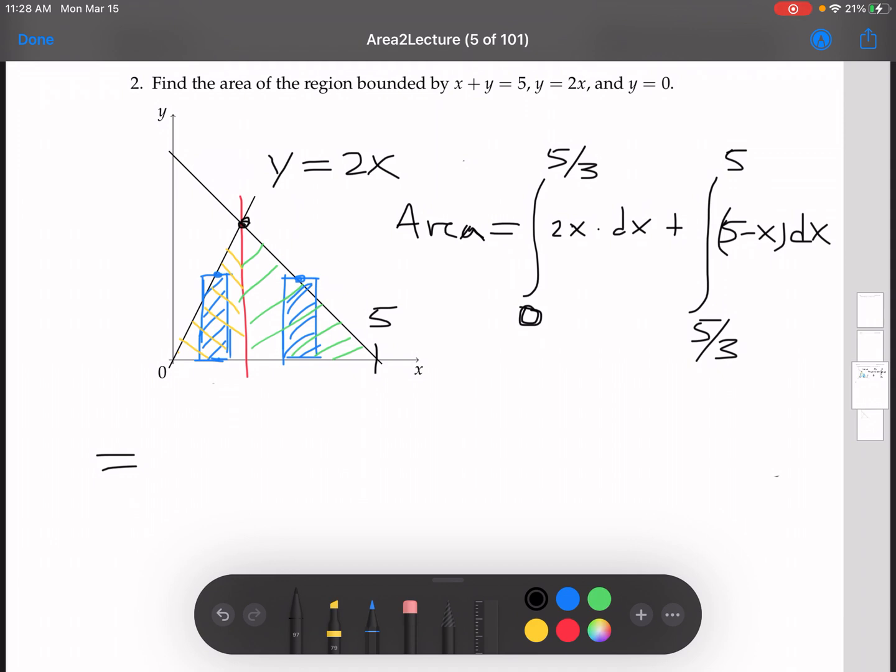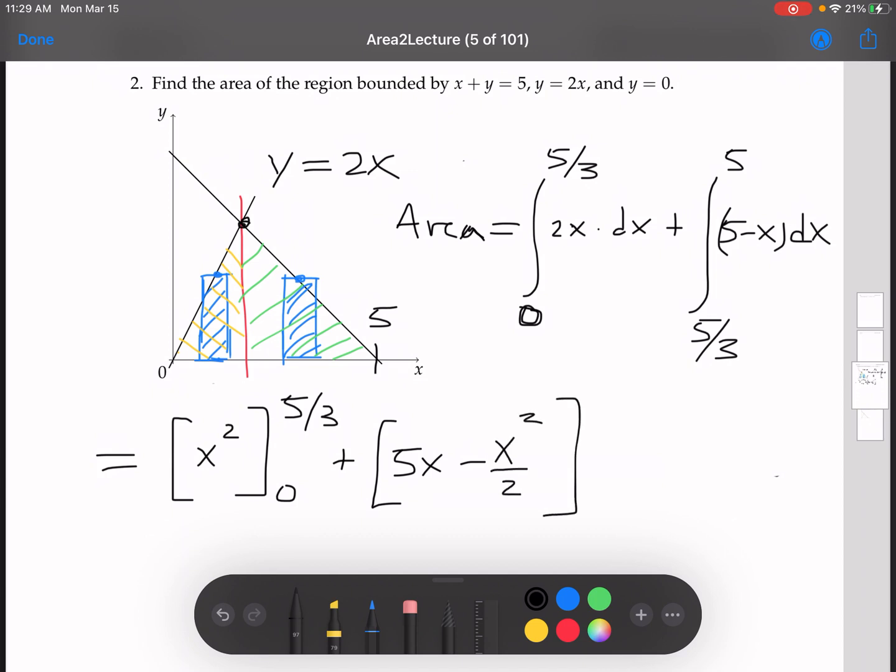So finding that area, we've got x squared over 2, but because we have 2x, it's 2x squared over 2. Canceling those 2s, we've got x squared from 0 to 5/3, plus, for 5 minus x, 5x minus x squared over 2 from 5/3 to 5.